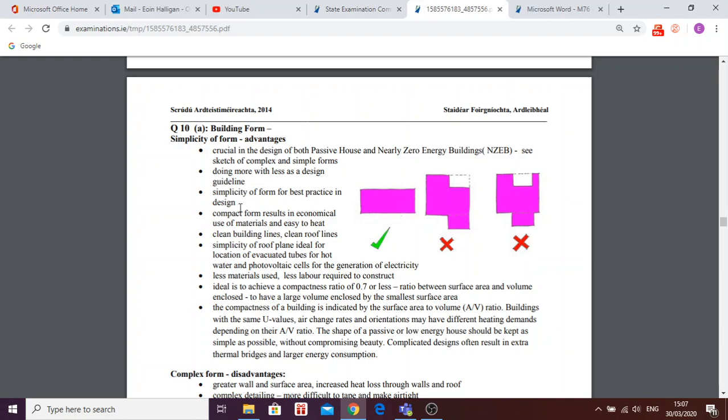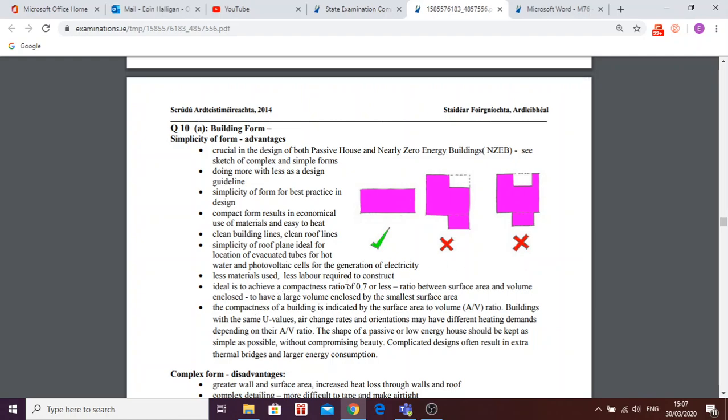Like, it's easier to roof a house that has a simple roof. You have less time taken up for labor and things like that. Now, those aren't terribly important. Well, they are important, of course, but if I was to draw your attention down to these last two bullet points down here, these are what are really important when we're talking about the simplicity of form, right?